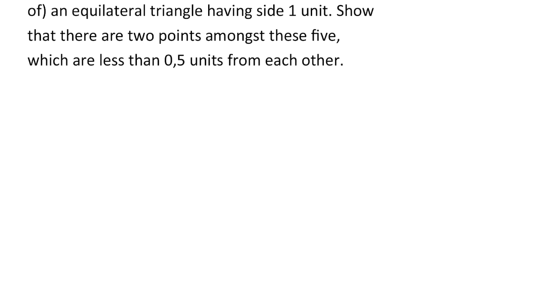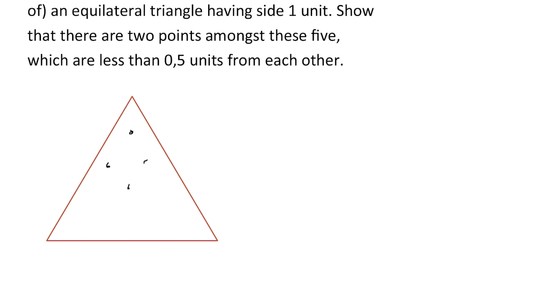Now, if I draw an equilateral triangle here, I can just place 5 points randomly in this triangle. But how do I actually prove that 2 points among these 5 will have a distance less than 0.5 units?